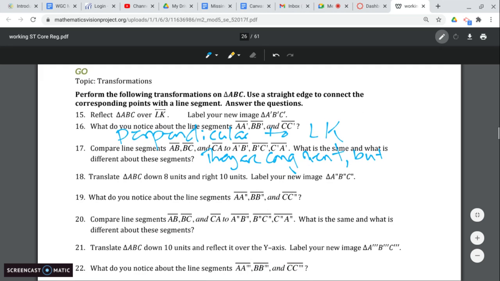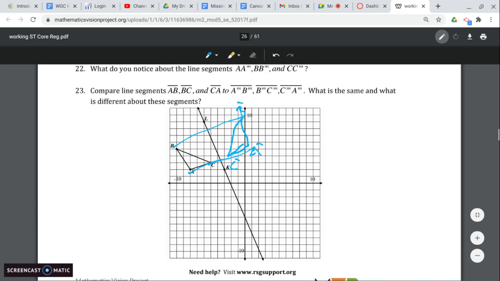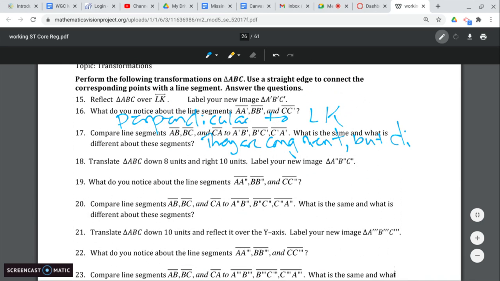But what changed? So if we look at the directionality of these sides. Look how they've changed. They're not going the same slopes anymore. The slopes have changed with this reflection.